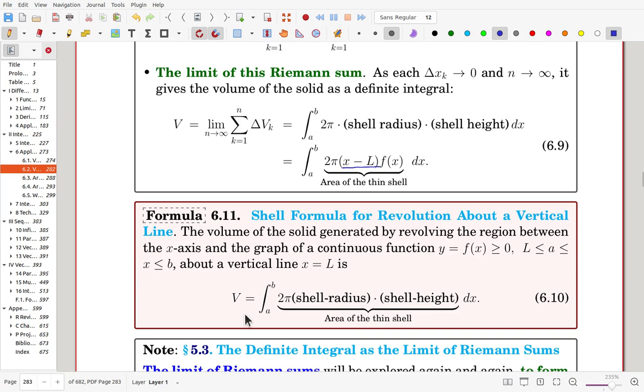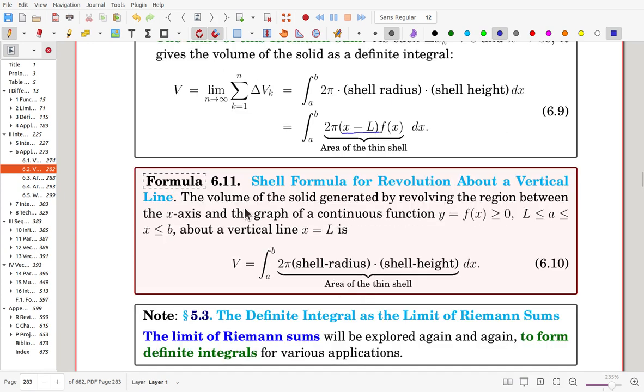The volume is the integral from a to b of 2 pi times shell radius times shell height dx. So this portion is the same as the area of the thin shell. When we derive the formula, we use the limit of Riemann sums. This technique will be used again to form definite integrals for various applications.